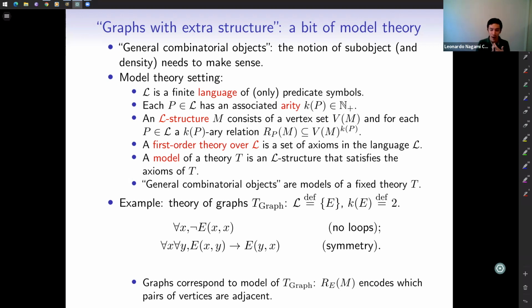I should say that I'm working in a restricted setting of model theory. A language in more general model theory can have more things, but for us, it's just going to be this.